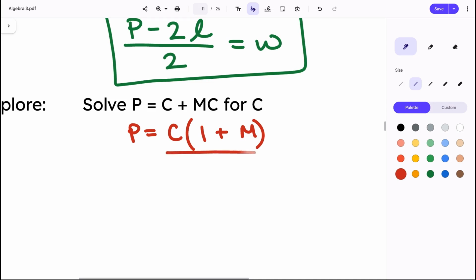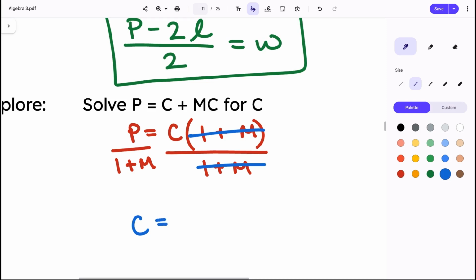So I'm going to divide both sides by 1 plus M. So then over here, these are gone. I finally get that C by itself. And over here on the left, I have P over 1 plus M. Can we do anything else with that? I don't think so.